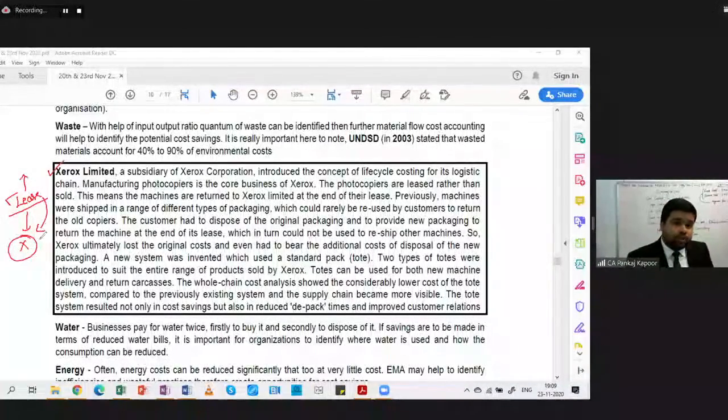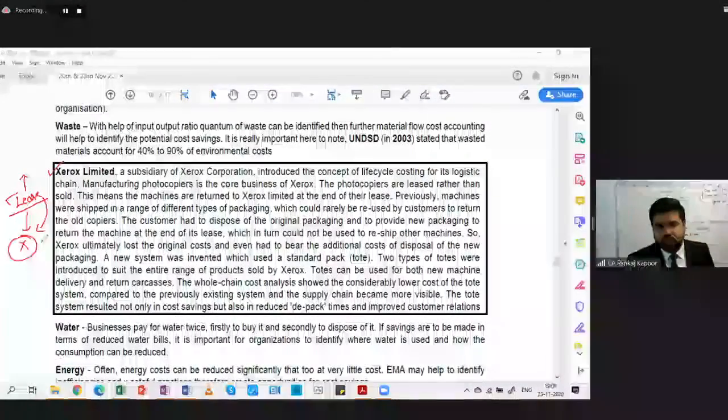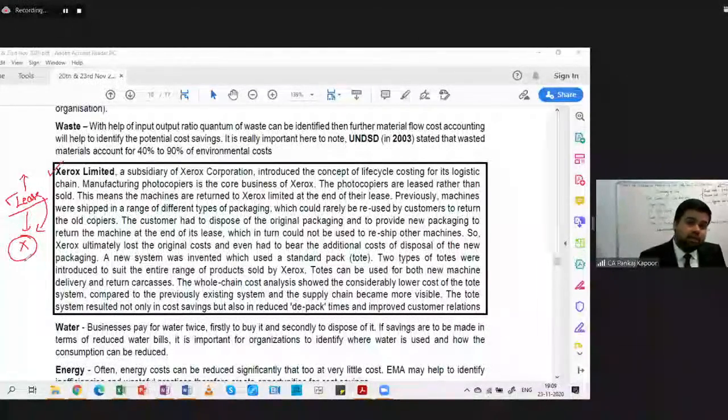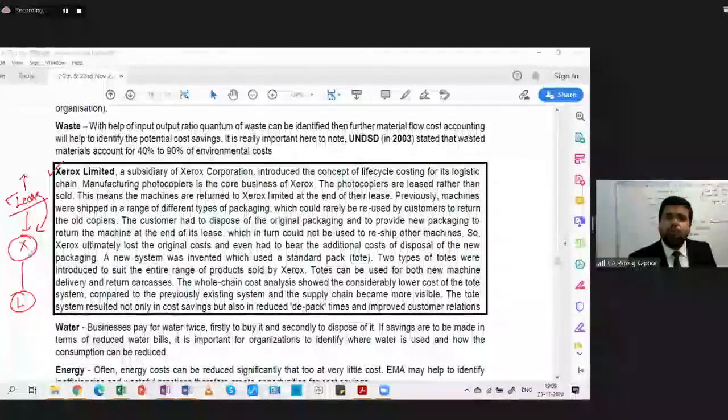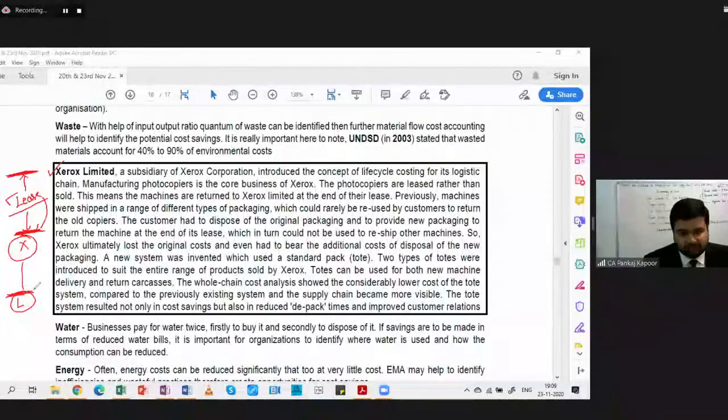Now Xerox doesn't require that packing material. When Xerox again leases that machine to another lessee, Xerox packs the machine once again. So Xerox first incurs the packing cost, then the lessee incurs the packing cost, then Xerox again incurs the packing cost when it has to send the machine out on lease a second time.